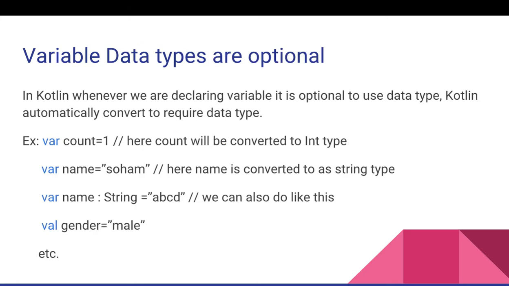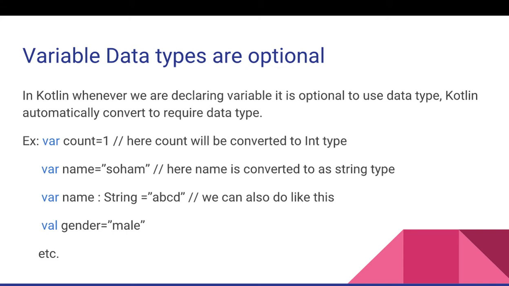Variable data types are optional in Kotlin. As we see in Java, if we want to declare an integer, we have to write int a, something like this. In Kotlin, the data type is not mandatory, it's optional. Suppose I want to declare the count variable as an integer, then we can write var count equals 1.